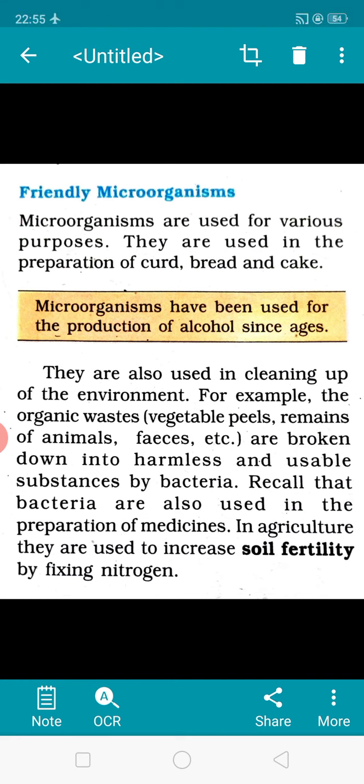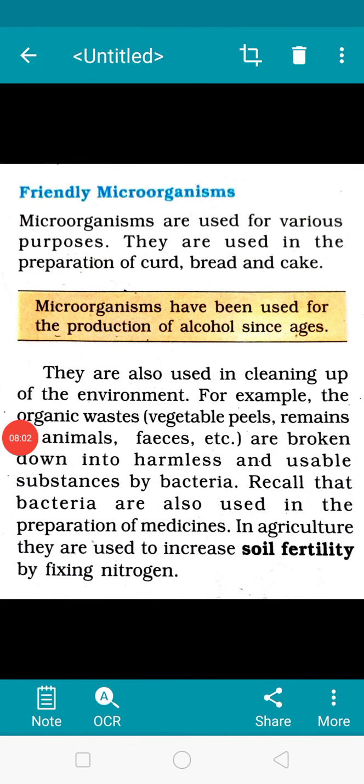For example, the organic waste like vegetable peels, remains of animals, feces, etc. are broken down into harmless and useful substances by bacteria. Bacteria are also used in the preparation of medicines and also to increase the soil fertility by fixing the nitrogen.